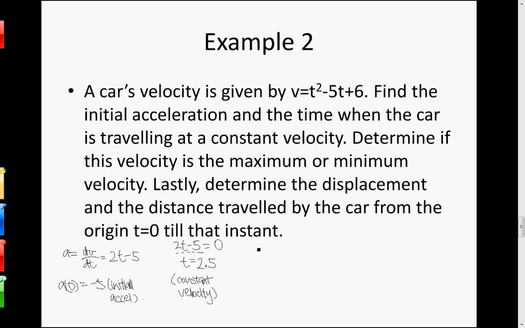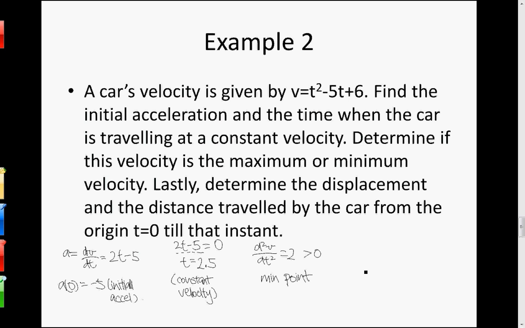So all I have to do is d2v/dt squared. So basically I just take d/dt of a, right? And all I get is 2. So 2 is more than 0, and hence it is a minimum point. So this is the lowest velocity the car ever went to. Okay?